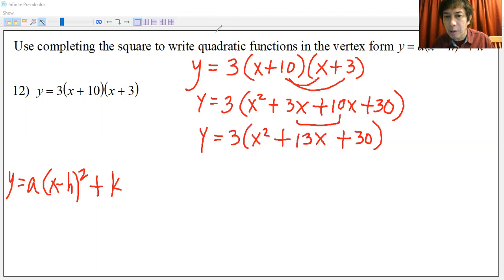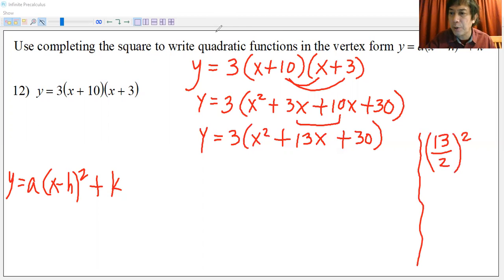Now we can do the completing the square. Remember, the x squared is now with a positive 1 coefficient, so we can just use the 13. Use the 13 in front of the first degree. Divide it by 2. The result of division by 2 is squared. So 13 times 13 is 169. 2 times 2 is 4.